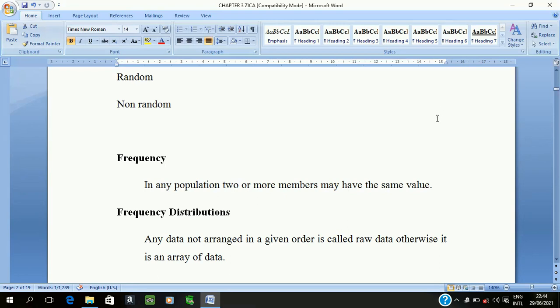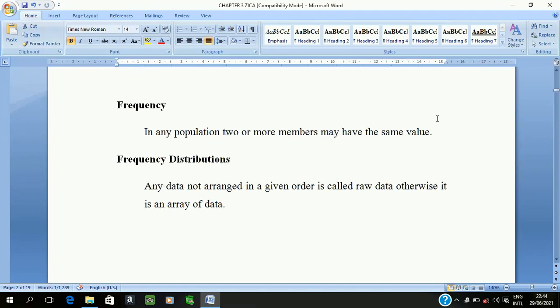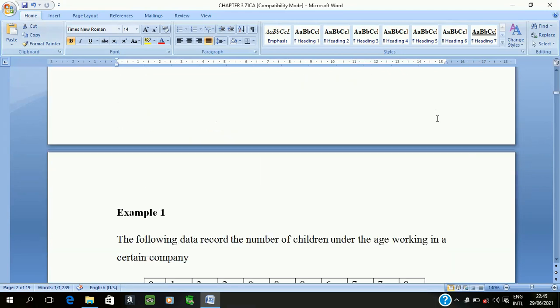So if you have two or more members that have the same value, you have some kind of frequency. These values are appearing more than one time in the distribution.